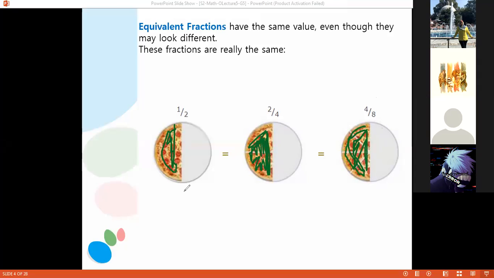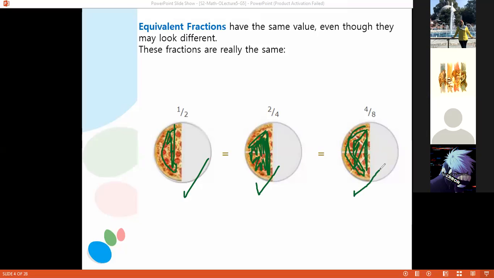So you can see that 1 over 2 represents half the pizza. 2 over 4 also represents half a pizza. 4 over 8 is also half the pizza. So we can say that 1 over 2, 2 over 4, and 4 over 8 are equivalent.